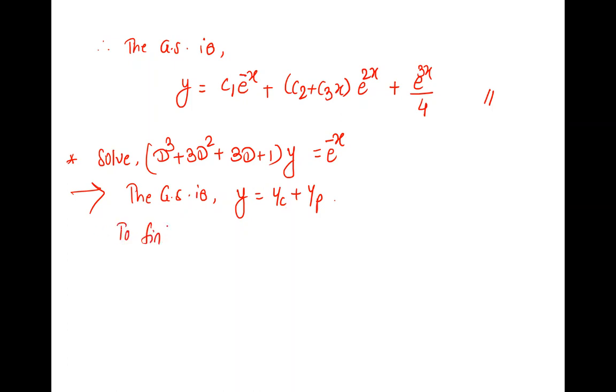To find the first part, yc, we have to consider what? Auxiliary equation. Yes, very good. Consider that D cube plus 3D square plus 3D plus 1 equal to 0. Okay, find out the roots now.